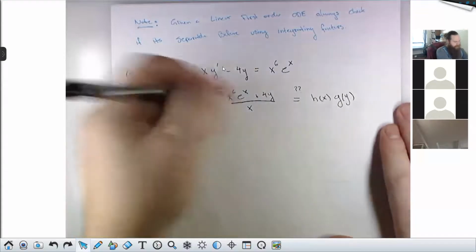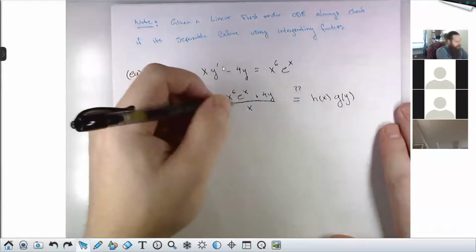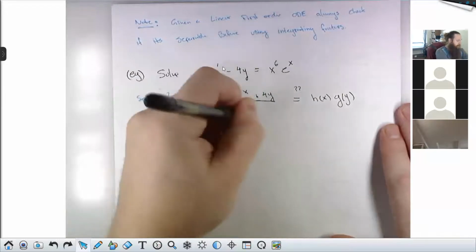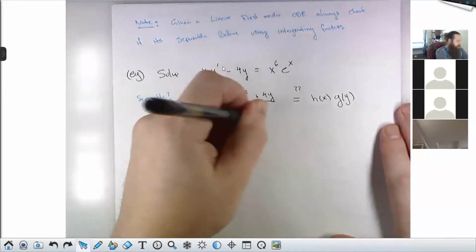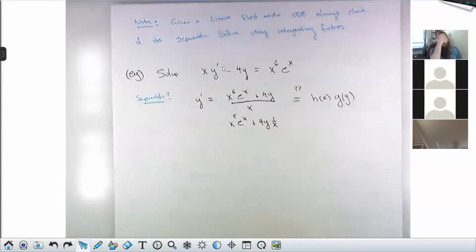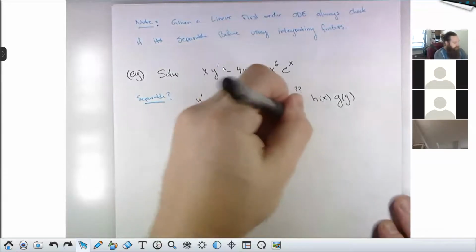No, you can't. I can split this up as x to the 5 e to the x plus 4y times 1 over x. But I can't factor out a y. There's no way to split this as a pure function of x times a pure function of y. So this is not separable.